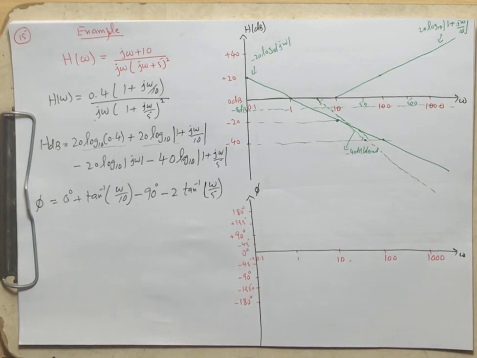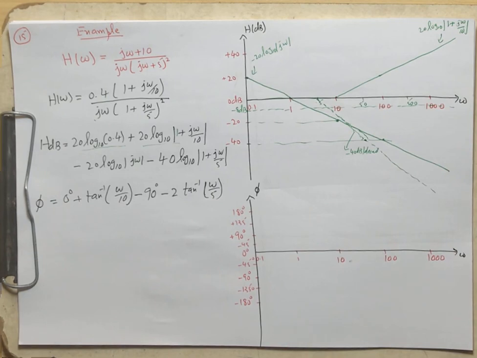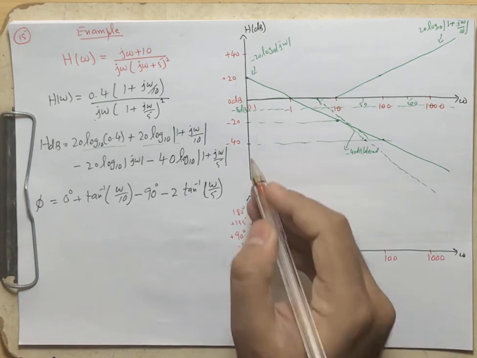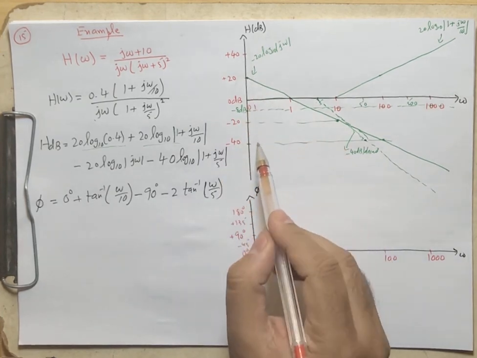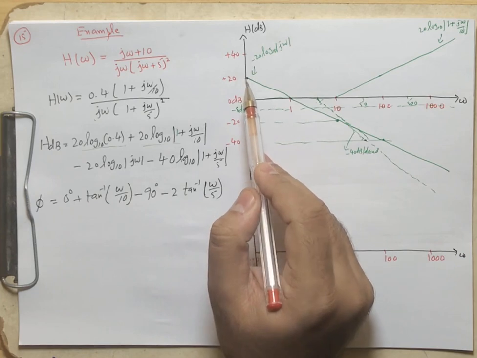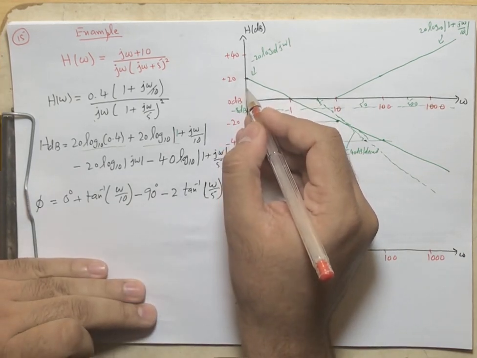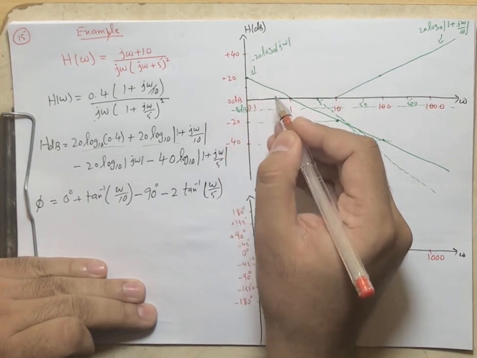There are two poles at 5, so each pole will be adding minus 20 dB, so the total in a decade will be minus 40 dB. So now I'm going to add all of them up. At 0.1, you have a value equal to minus 8 and 20, so you are going to start from positive 12.